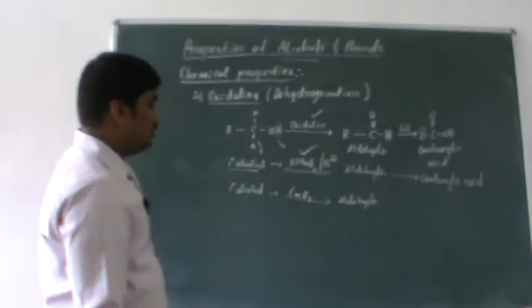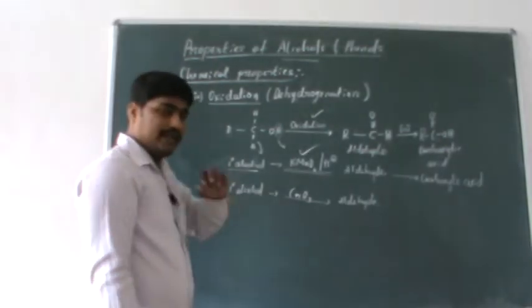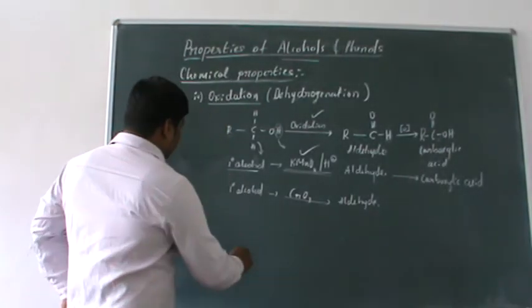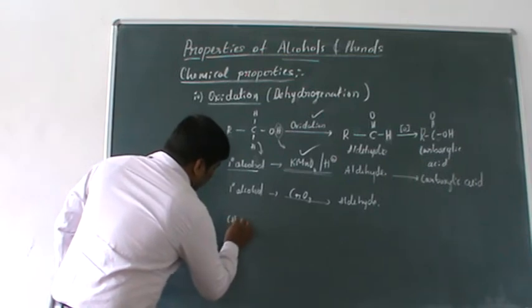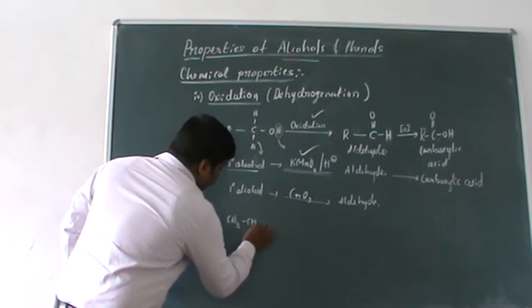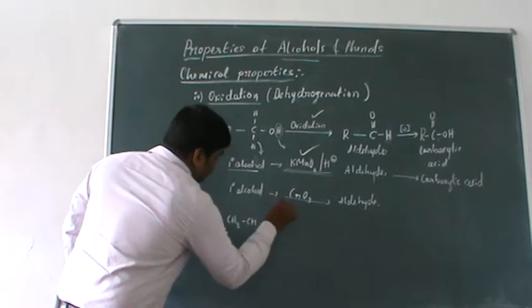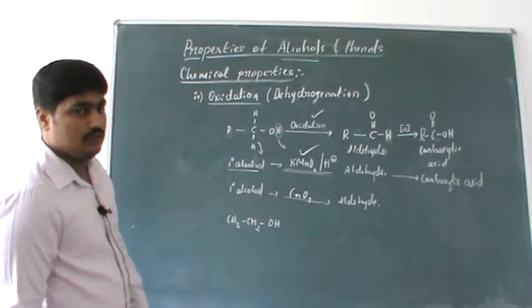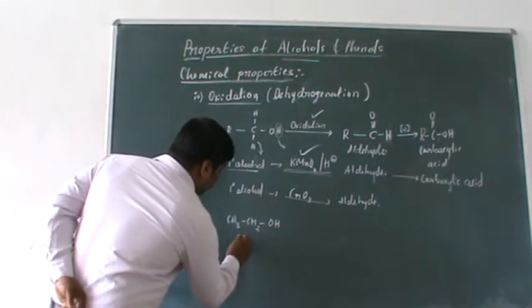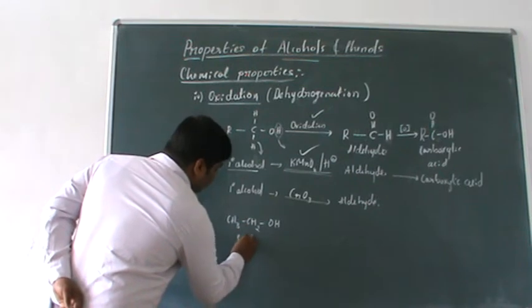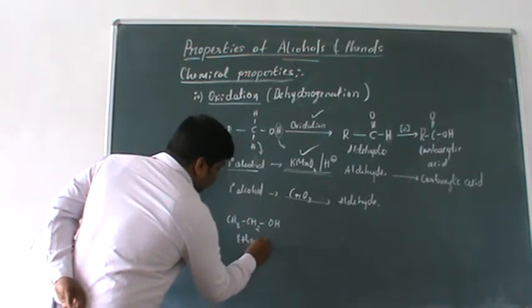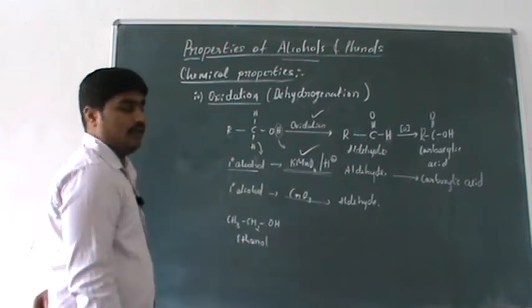Let us discuss these two things by taking an example. I consider primary alcohol CH3CH2OH. What is the name of the compound? Two carbons, ethanol.